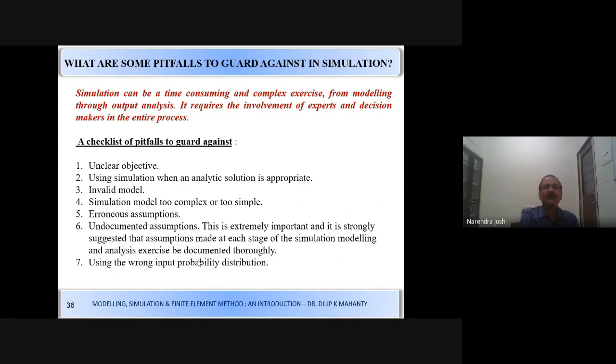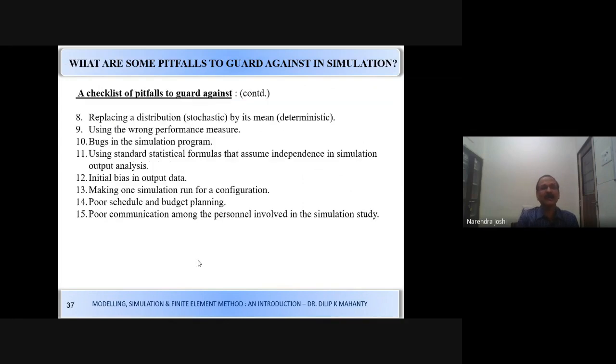We should not go for undocumented assumptions; they should be documented. Wrong input should be avoided. Replacing a distribution by its mean should be avoided. Wrong performance measures should be avoided. Poor schedule and budget planning. These are the kinds of problems we face.